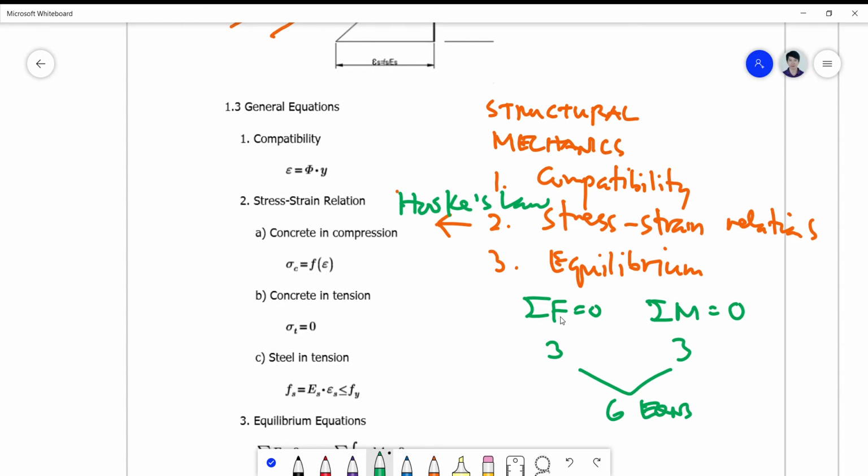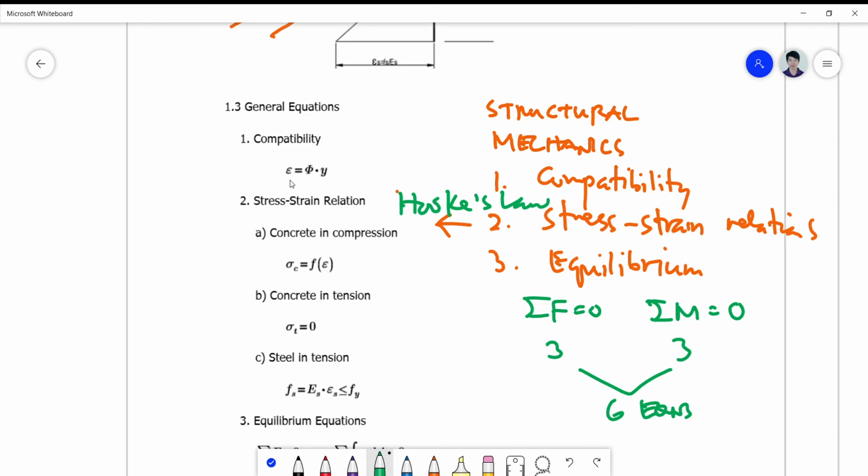Okay, and to take note of the equations that we are going to use for these three considerations in dealing with structural mechanics, in compatibility we simply say that epsilon is proportional to your distance from the neutral axis.